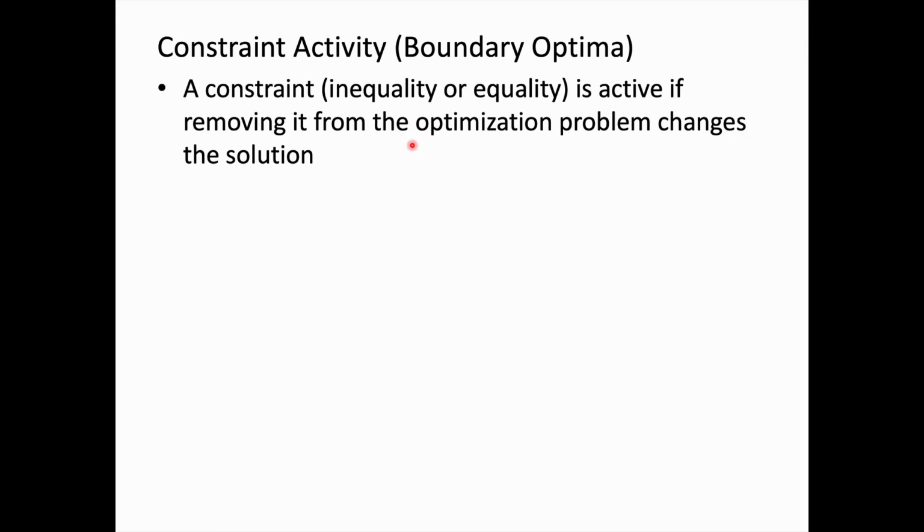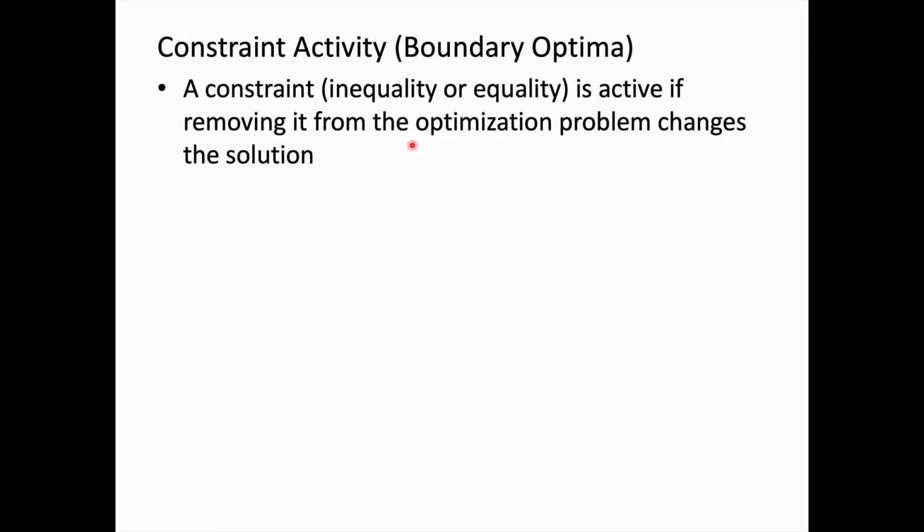If we find a constrained minimum, a place where there's no more downhill direction that does not involve violating a constraint, and if we remove the fence, and then all of a sudden there exists at least one downhill direction, then that means removing the constraint changes the solution, and therefore that constraint was active.